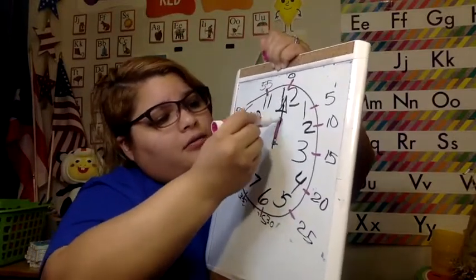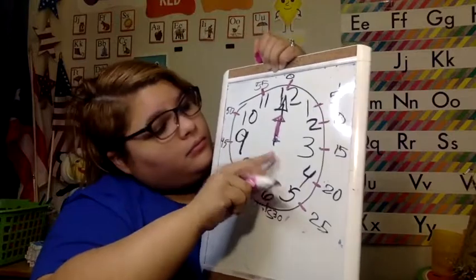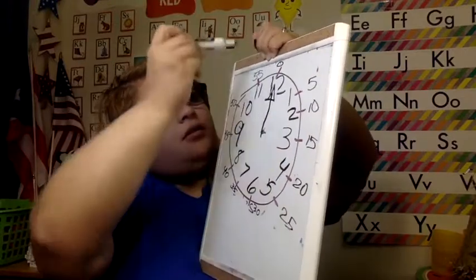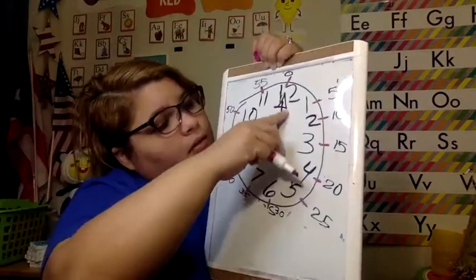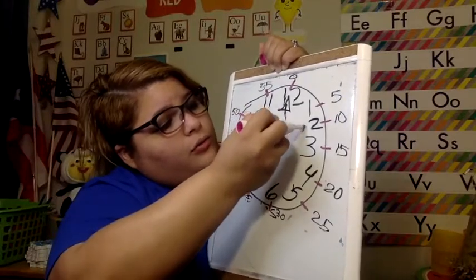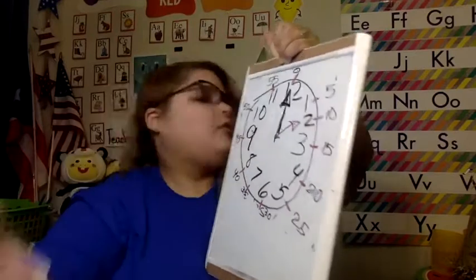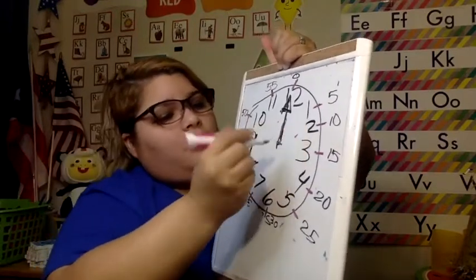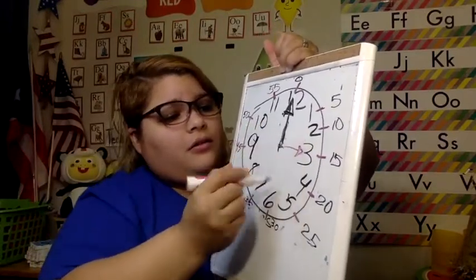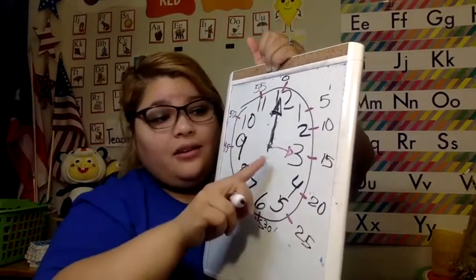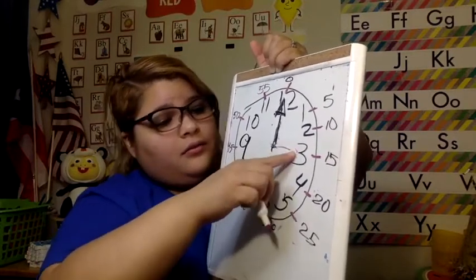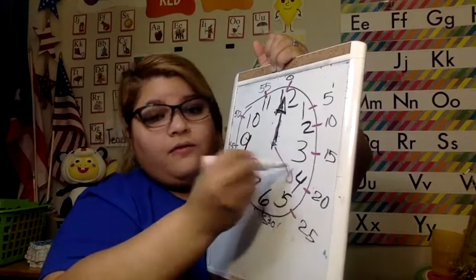Let's imagine that we started our day at 12 o'clock. Then 1. Then we went to 2 o'clock. Then 3 o'clock. Then 4 o'clock.